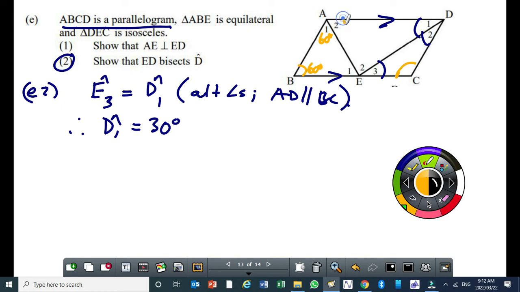Right? And this right angle here is also co-interior with angle B. Okay? So, in my case, let me calculate C.